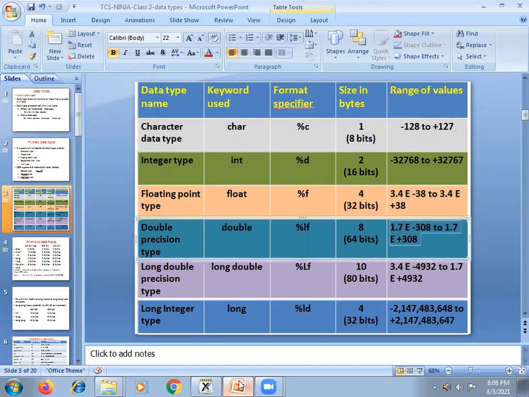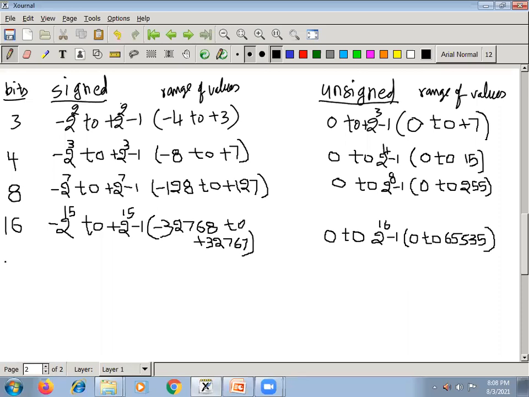Now we'll come to long integer type. Long integer on a 16-bit machine occupies 4 bytes. 4 bytes means 32 bits. So when you have 32 bits available, one bit is dedicated for sign. Then what are the range of values?